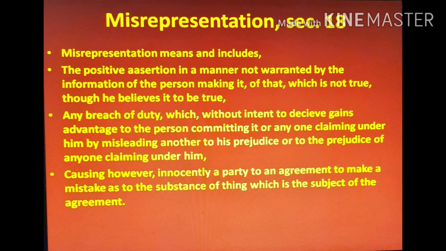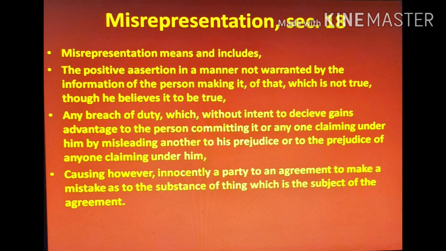Any breach of duty which, without intent to deceive, gains advantage to the person committing it or anyone claiming under him, by misleading another to his prejudice or to the prejudice of anyone claiming under him. That means you are breaching the duty which you have to perform to discharge your contractual obligation.